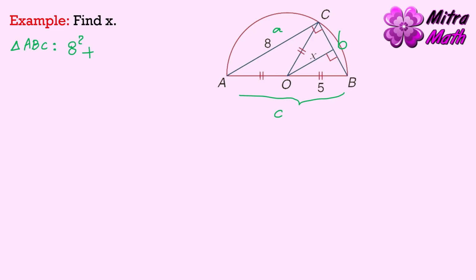B squared we don't know, so I'm going to use its own name, which is BC squared. C squared is 5 plus another 5, because this one is 5, this length is 5 as well.